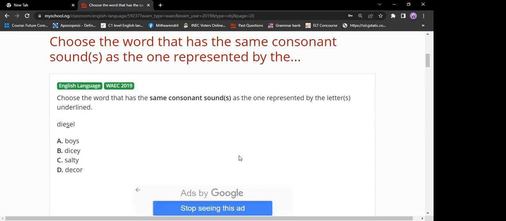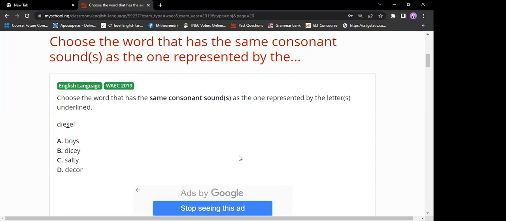So it is diesel. Now the first option we have is boys. The second option is dicey. The third option is salty. And the last option is decor. So option A is our answer because the underlined letter is pronounced Z, diesel.